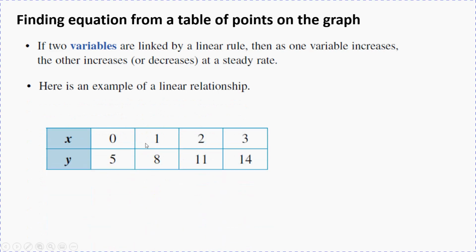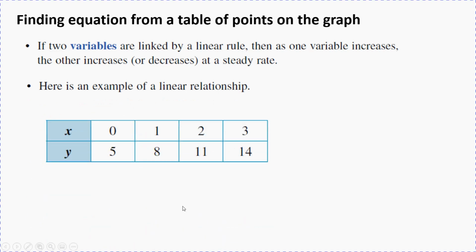One way to give you a linear relationship is in a table. It's a tabulation of points or values for two variables, x and y. Normally, we will put the independent variable x on the first row and y, the dependent variable, on the second row.